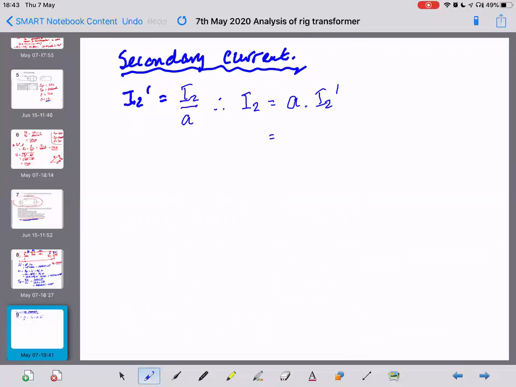So that's 1.6 times, and we also know that IP is equal to I2 dash.